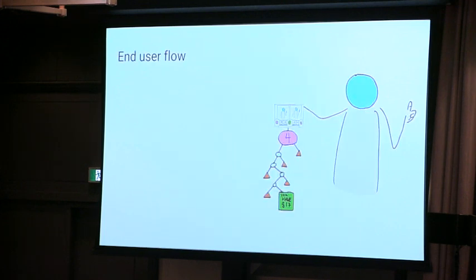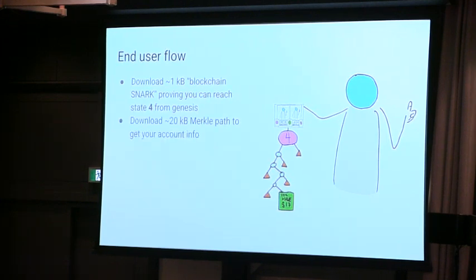Okay. So what does this look like for the end user? They download a 1 kilobyte blockchain SNARK, which proves you can reach state 4 from the Genesis state, the state with Merkle root 4. They download a roughly 20 kilobyte Merkle path into that state to get their account info.